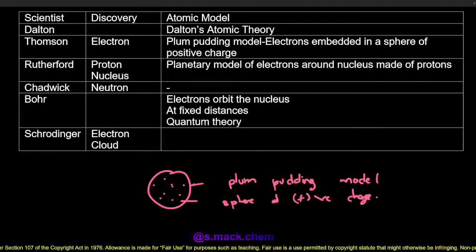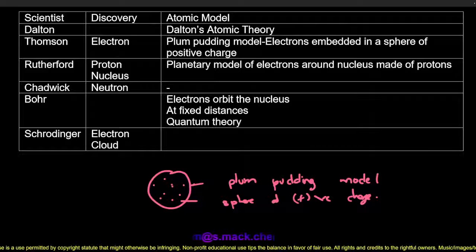So through his experiments, he proposed that yes, there were electrons in an atom, but that these electrons orbited around the center of the atom, which we now call the nucleus, and that the center of the atom, where we have this concentration of positive charge, contained positively charged particles called protons.